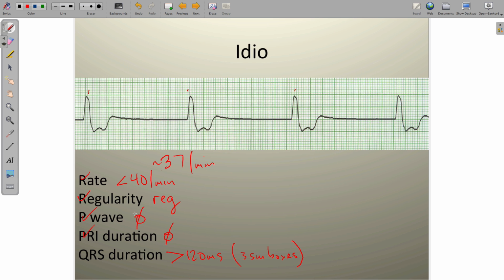And last but not least, we have to look at the QRS duration. Now this QRS duration is a little bit funny because in the previous video, what I told you is that if you can't really tell where the QRS ends, then you always go back to the baseline. Now, in this case, I'm going to give you a little bit of a different rule, and that is if there is an acute departure, so let's figure out where it starts right here. If we follow this QRS complex and there's an acute angle change, see this acute angle change that takes place here, this is where I'm going to call it quits on my QRS complex.